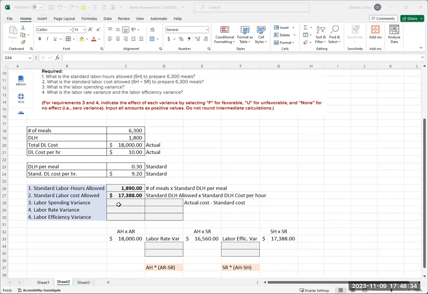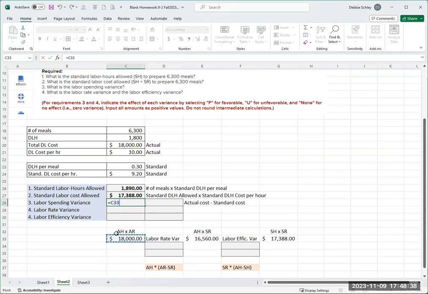And so labor spending variance equals actual minus standard. So 1 minus 3. Now, actual was 18,000. This is how much I actually spent. The standard was 17,388. That's what I planned on spending. I actually spent more, so that is unfavorable.